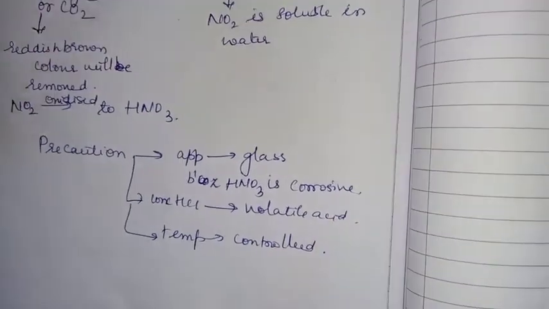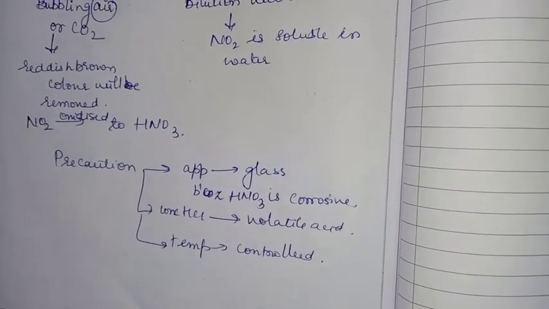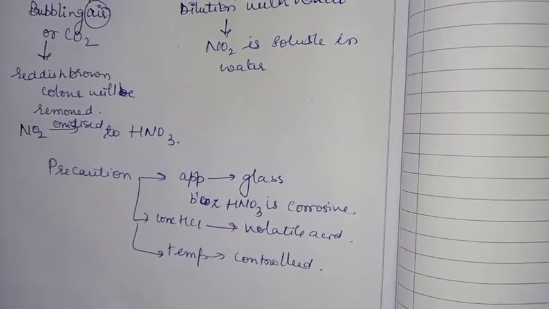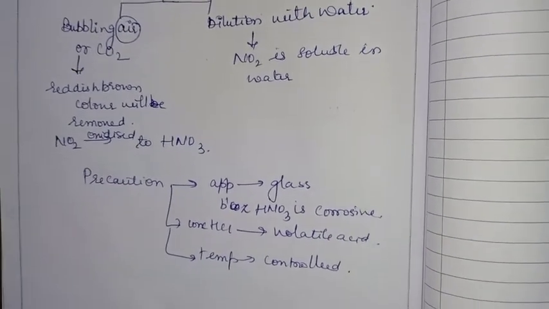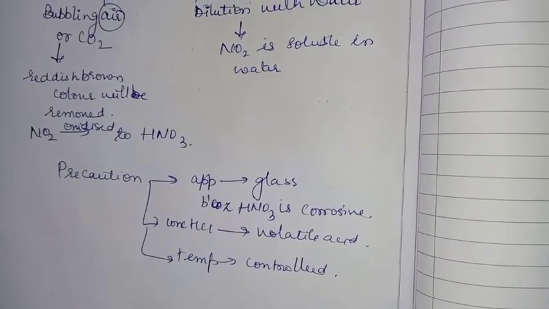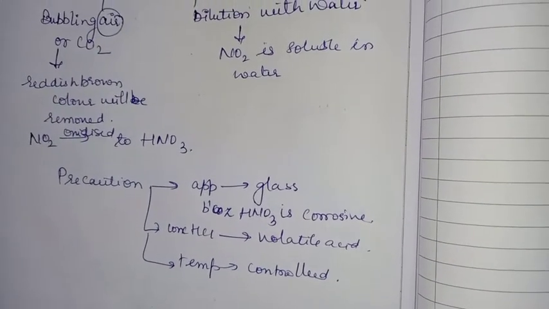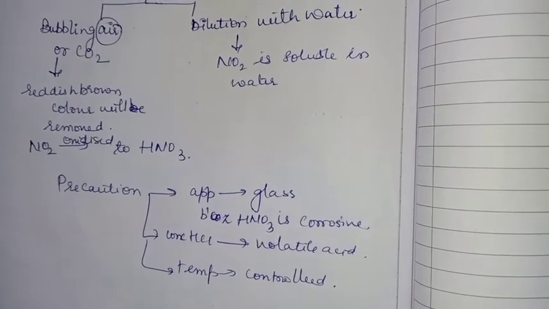Now how will you identify that the gas collected is nitric acid only? The reddish brown fumes of nitrogen dioxide turn ferrous sulfate solution brown, proving the vapors of nitric acid.